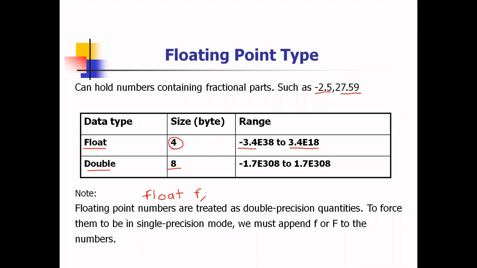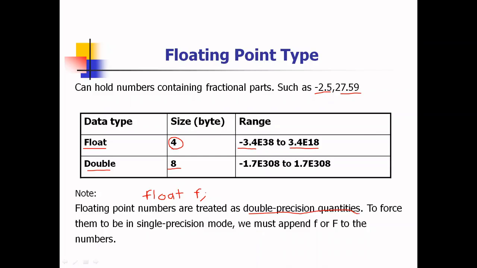Now one more important thing about floating point which you have to note is floating point numbers are treated as double precision quantities. All floating point numbers, floating point constants are treated as double precision.